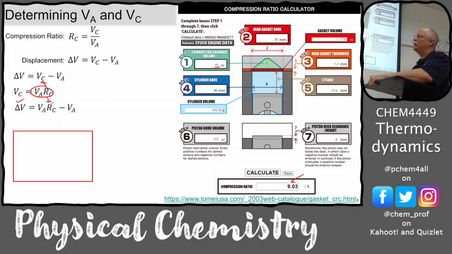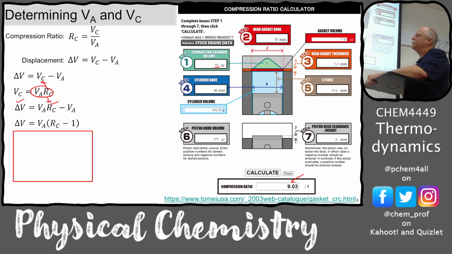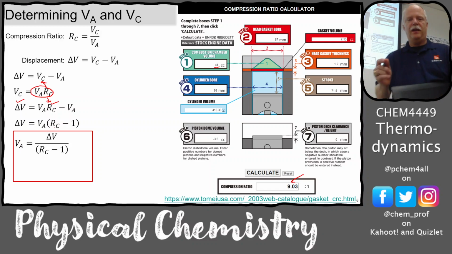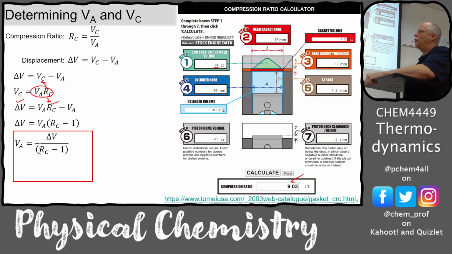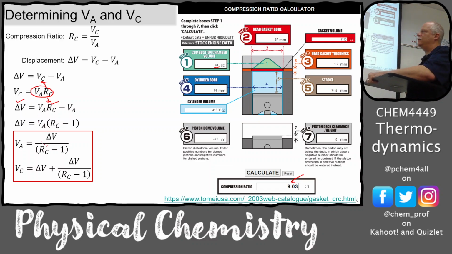I know this number, I know that number, and I've got one variable, so I can solve for VA. So that's VA is delta V over RC minus 1. And then I can put that piece in to the other equation and solve for VC.